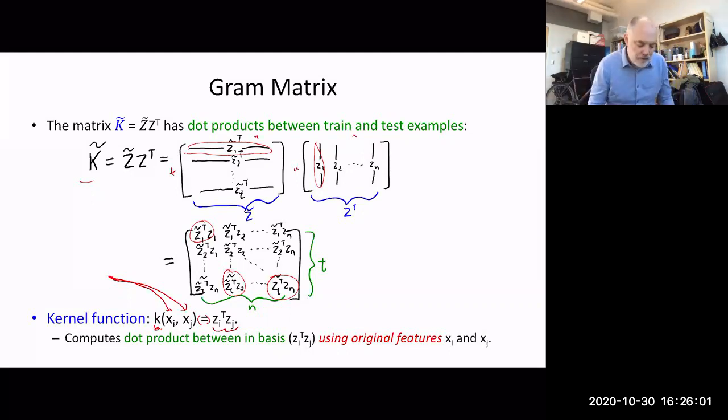Xi and Xj are both vectors. So we're going to have some crazy kernel function K that, when you give it the original feature vectors, produces a value which is the same as taking the dot product between the vectors in the expanded feature space, the expanded basis.